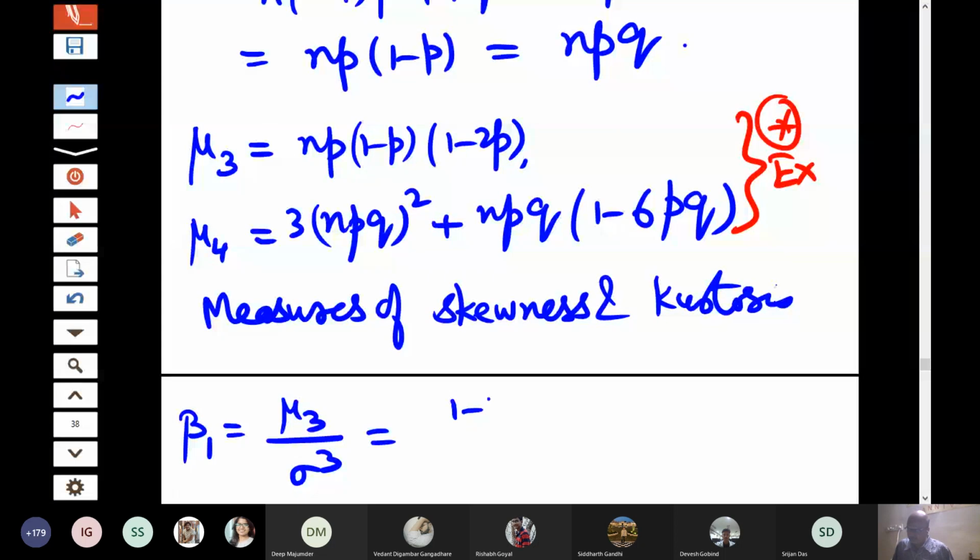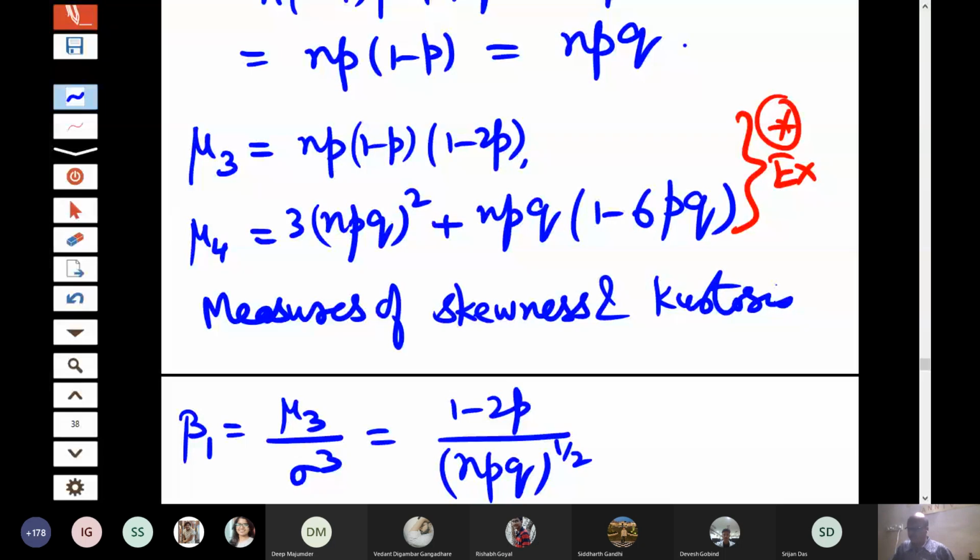So it is (1 minus 2p) divided by (npq) to the power half.